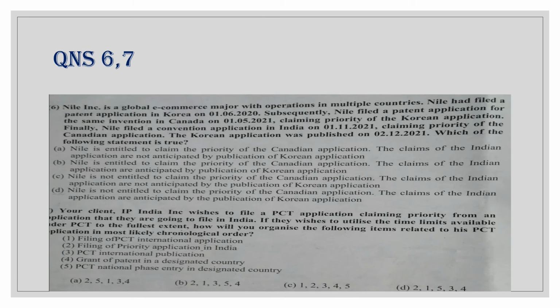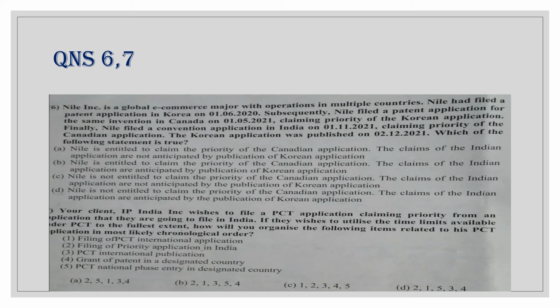Option A is Nile is entitled to claim the priority of the Canadian application. The claims of the Indian application are not anticipated by publication of Korean application. Option B is Nile is entitled to claim the priority of the Canadian application. The claims of the Indian application are anticipated by publication of Korean application.